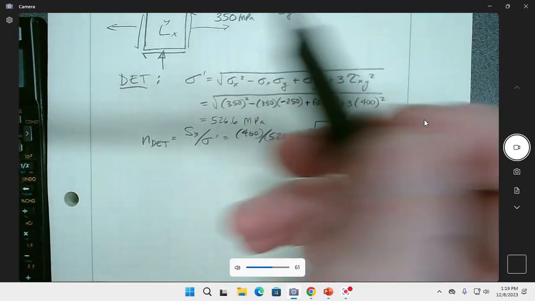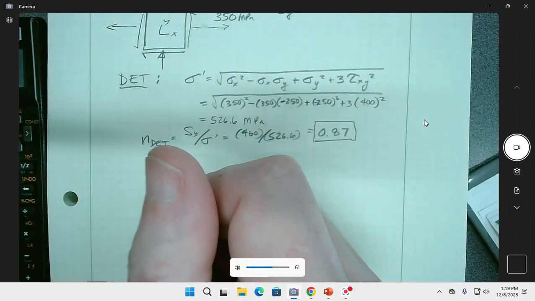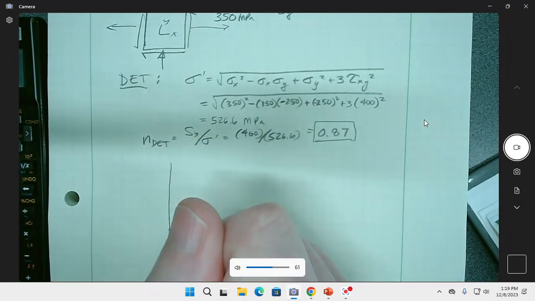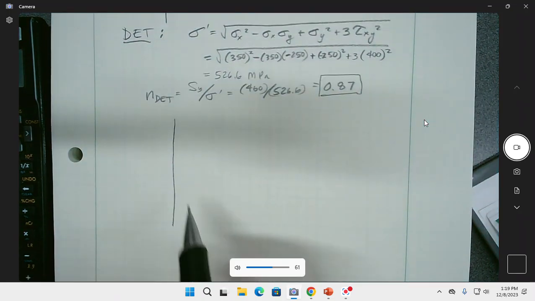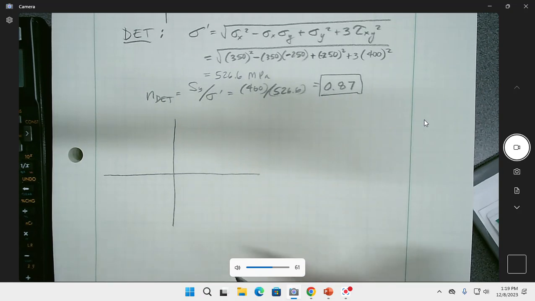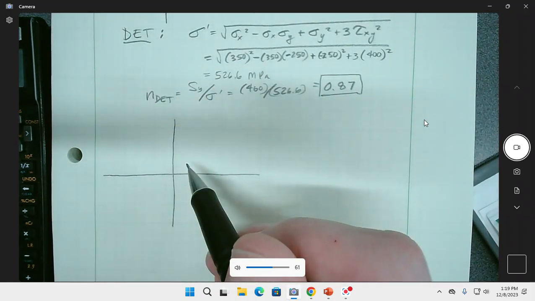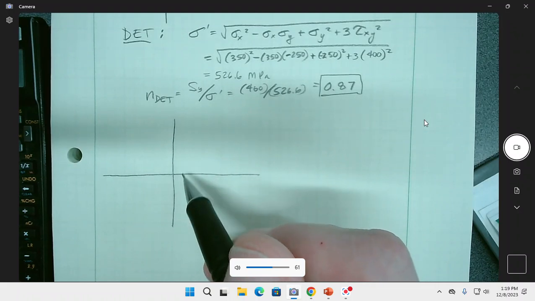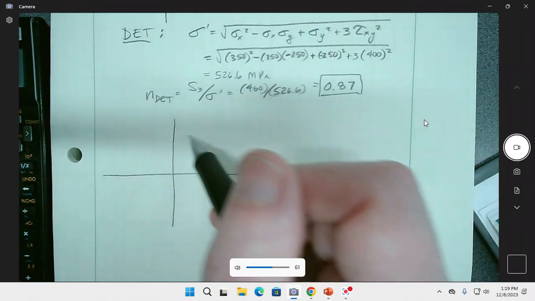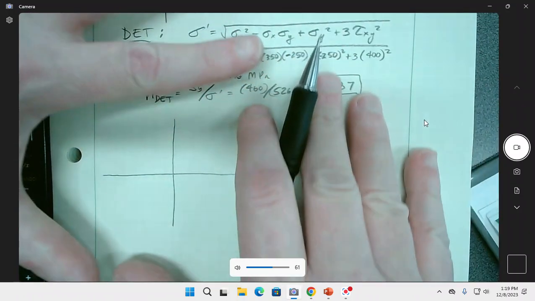We could extend this and go maximum shear stress theory, and practice our Mohr's circle skills. Might even want to be a little ambitious and try to figure out what a suitable scale would be to maximize this amount right here.